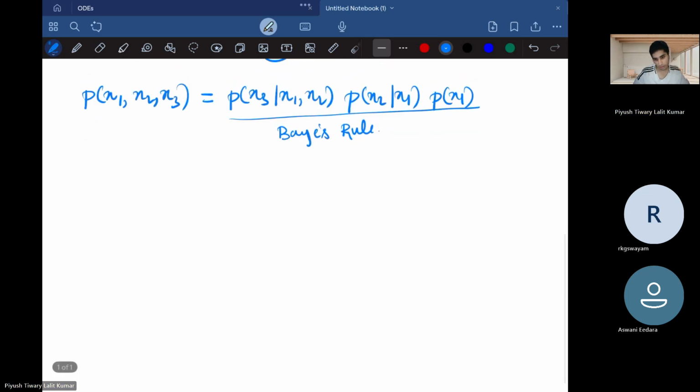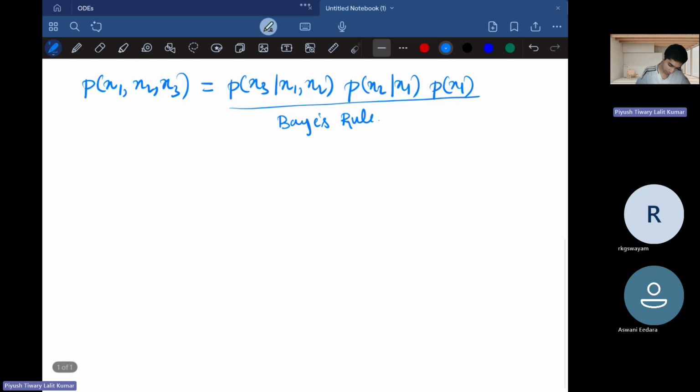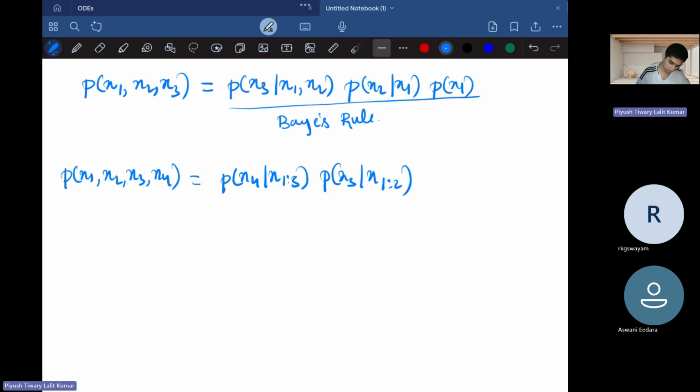Bayes rule is applicable on any kind of distribution. So even if you have four random variables, x1, x2, x3, x4, you can write the joint distribution as P of x4 given x1 to 3, P of x3 given x1 to 2, P of x2 given x1, and P of x1.